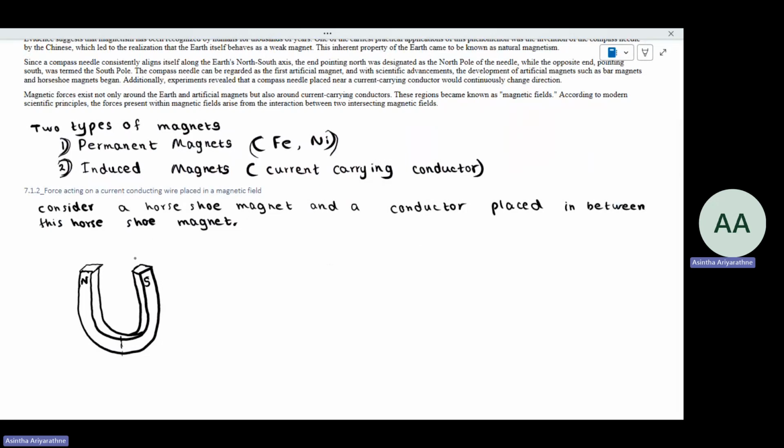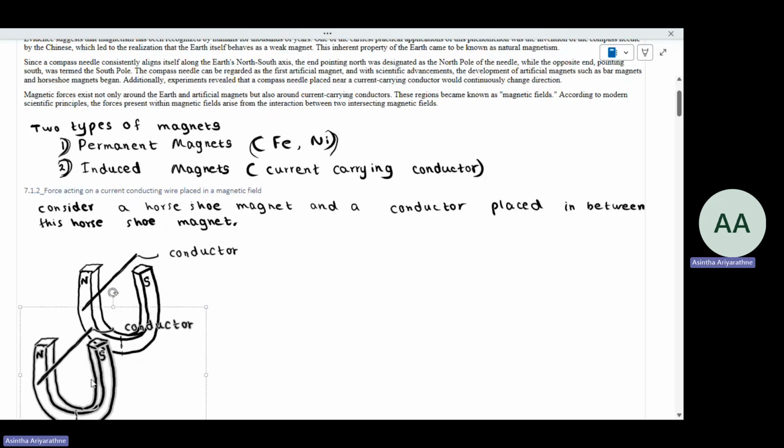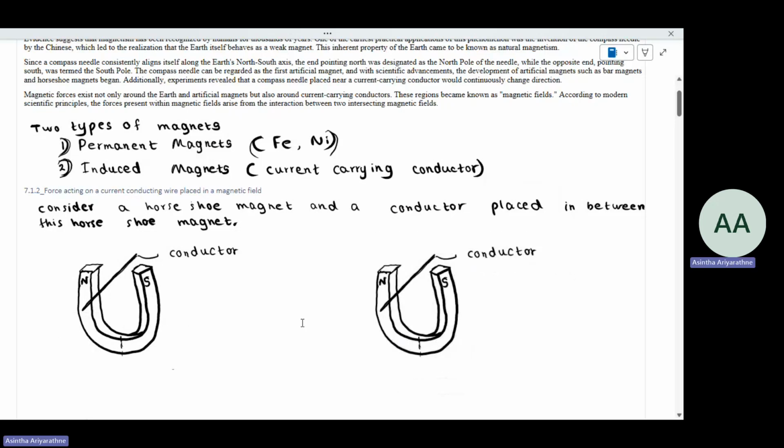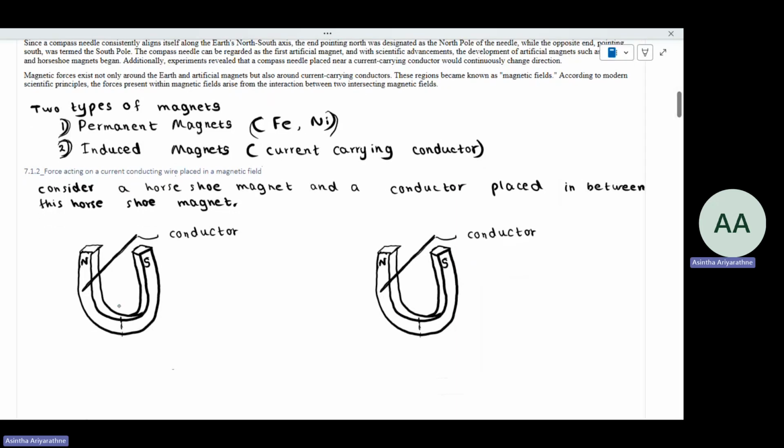And if a conductor is placed like this, just a conductor, initially nothing would happen.